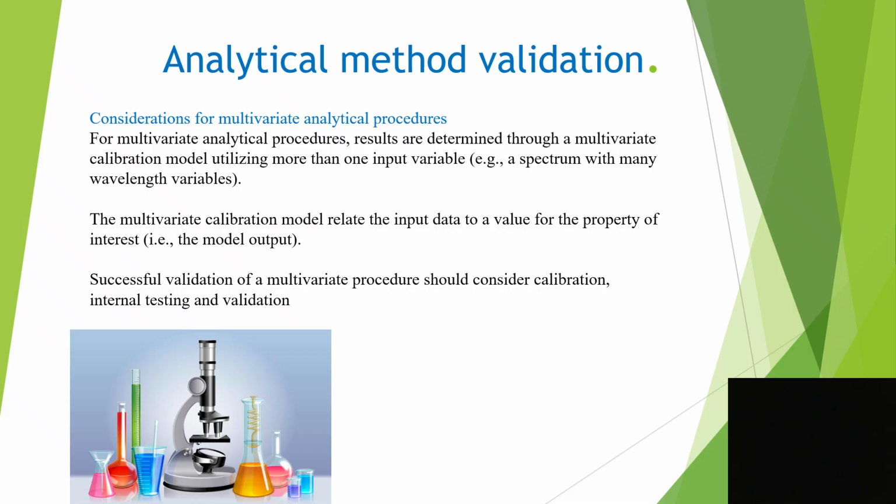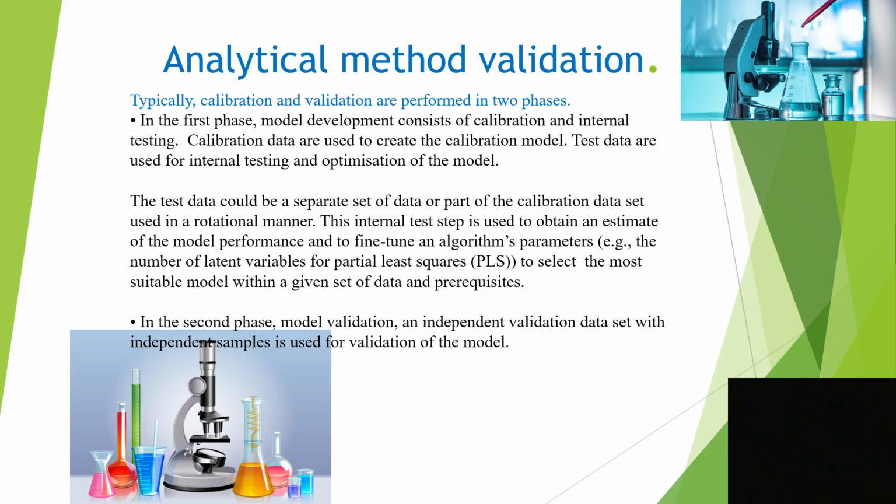It means in the spectrum there should be wavelengths, but they should be variables. So that is called the multivariate analytical procedure. A multivariate calibration model relates the input data to a value for the property of interest, that is, the model output. Successful validation of a multivariate procedure should consider calibration, internal testing and validation.